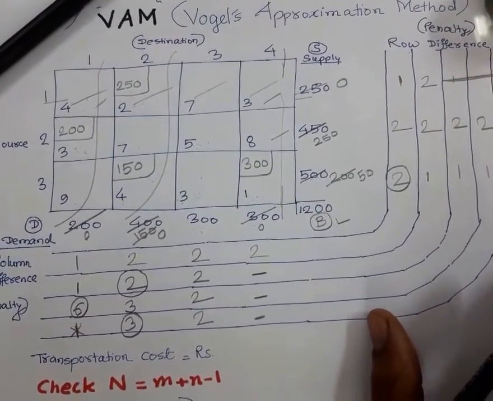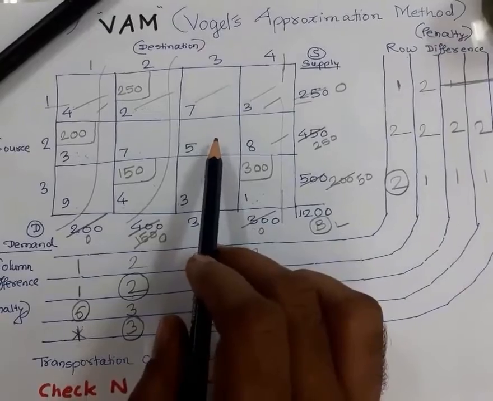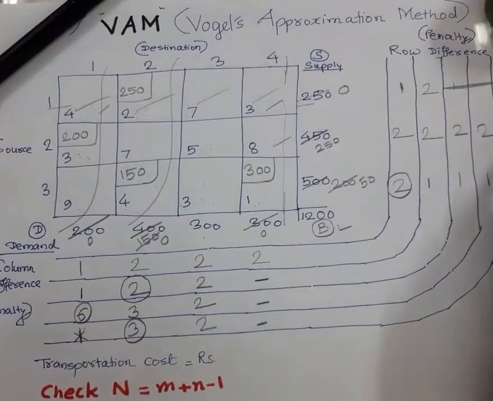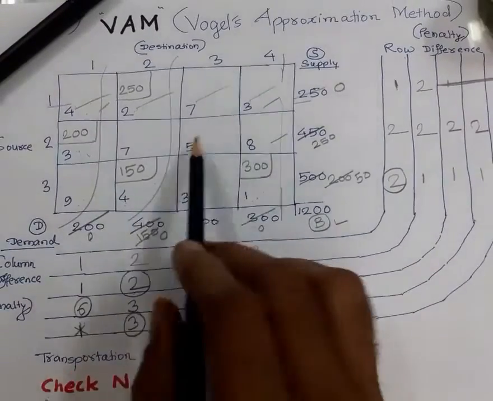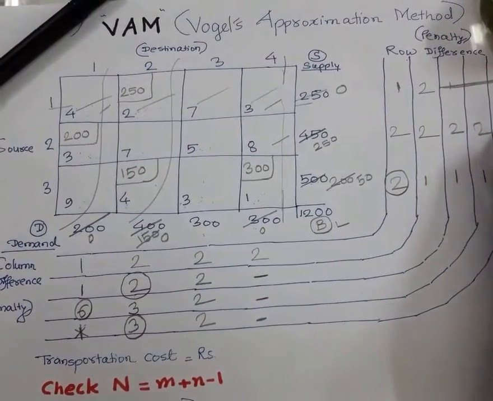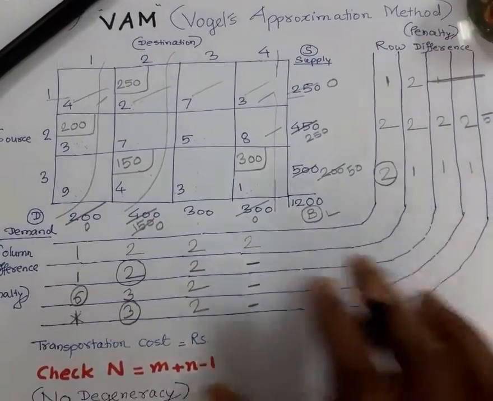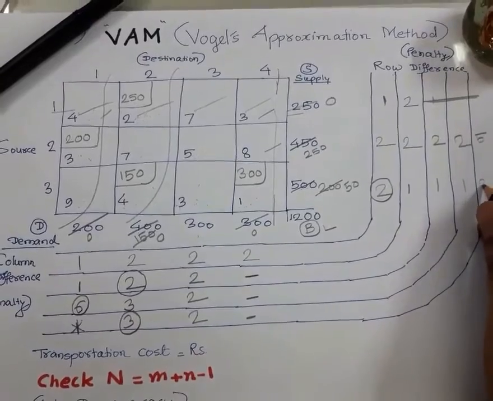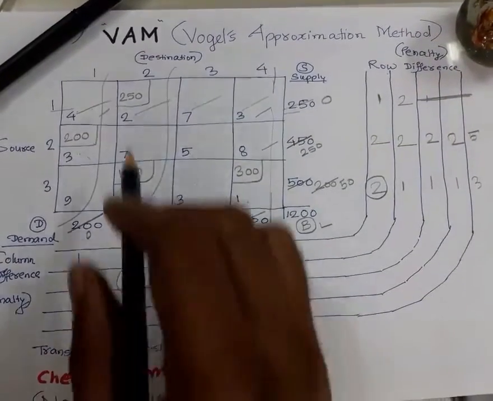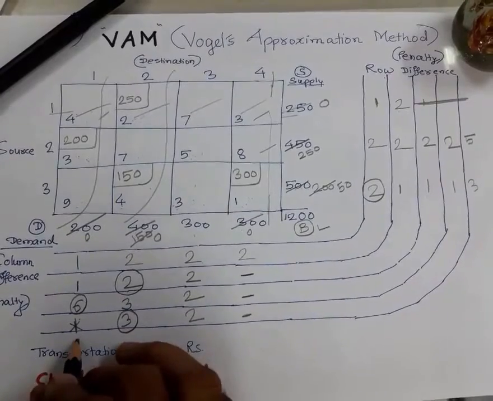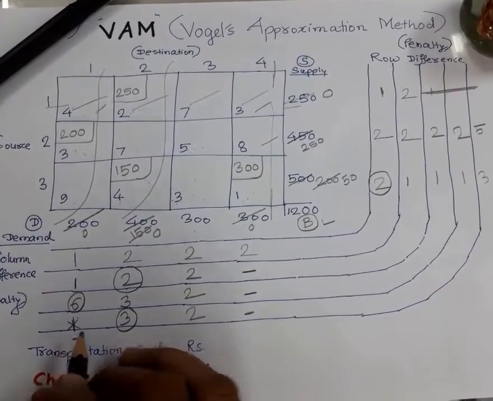Now we have left with only two cells, this one and this one. Again find the penalties. For this one, see 5. For the third column, 3. Now this is already deleted, so there will be no allocation here.